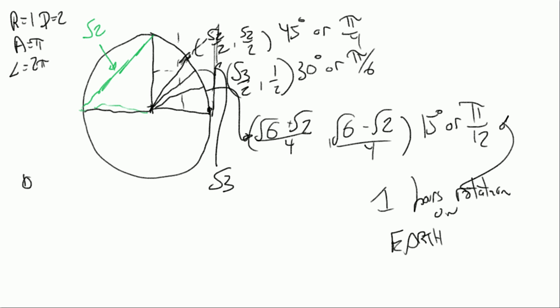So degrees, and then X and Y. 0, 15, 30, 45. Pretty much that becomes 0.7071, 0.7071. 30's got more X than Y, 0.866 and 0.5.